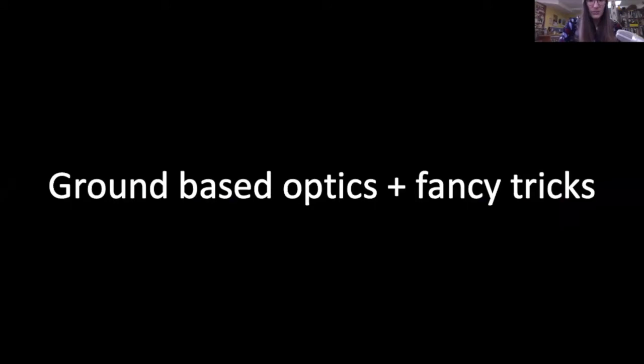So there's a few ways we can do this. We can use telescopes that are on Earth, but we have to use really fancy tricks to be able to see exoplanets around other stars. Remember, stars are super bright and planets are super small, and they don't emit their own light.